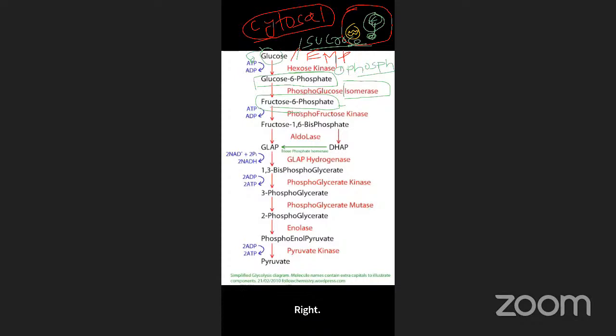Now the third reaction, again phosphorylation.